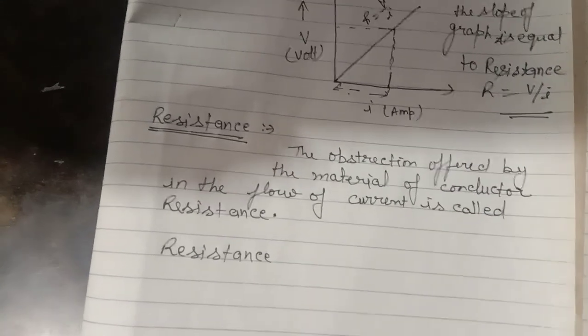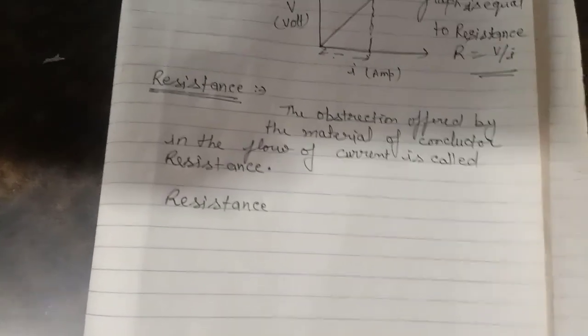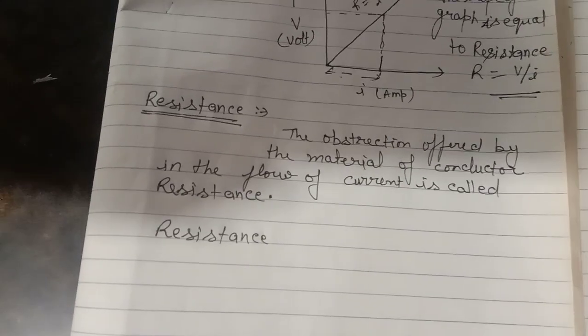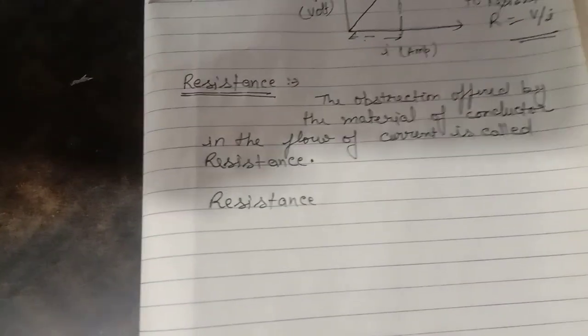While current is passing through any conductor, the wire gets heated. This is the resistance. Due to resistance, the wires get heated.